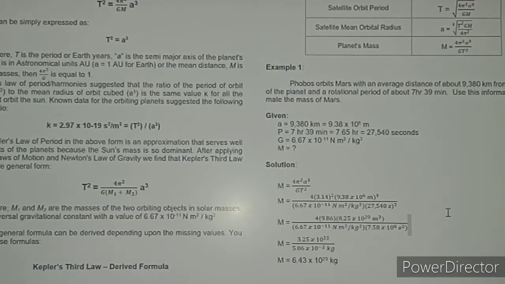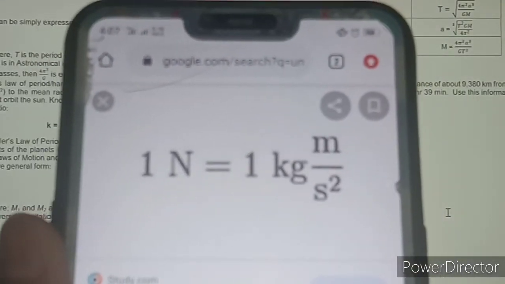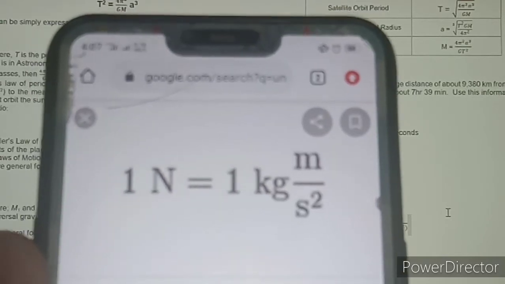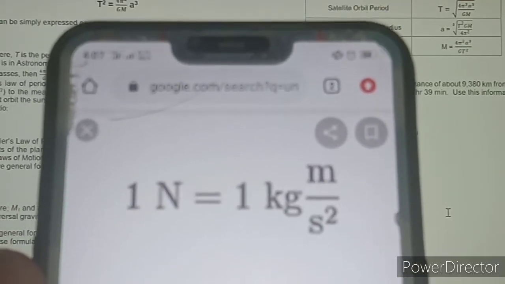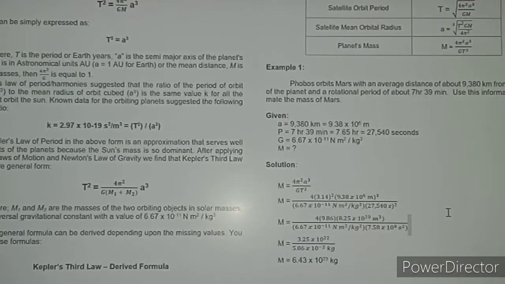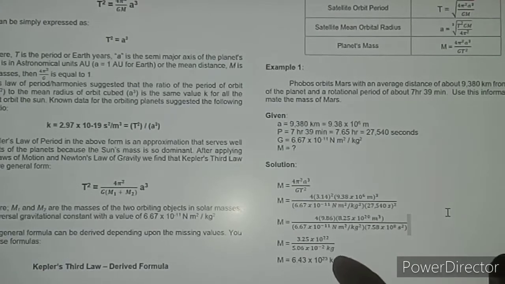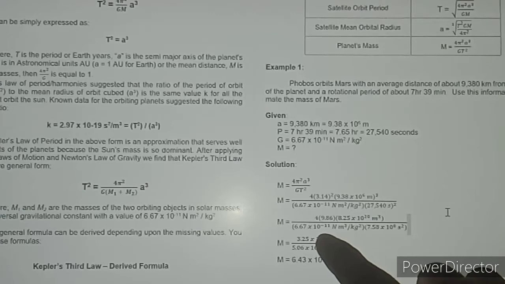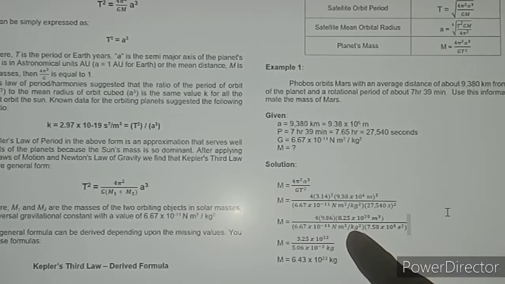So, it is just like this. Okay? So, 1 Newton is equal to 1 kilogram times meter over second squared. Okay? So, yan po. Kung kaya nag-cancelled out tayo ng units, yung m cube dun sa taas is maka-cancelled out natin kasi we have here the m squared and then the other meter is in the Newton. Okay? And then dun sa kilograms, maka-cancelled out natin yung isa dito.